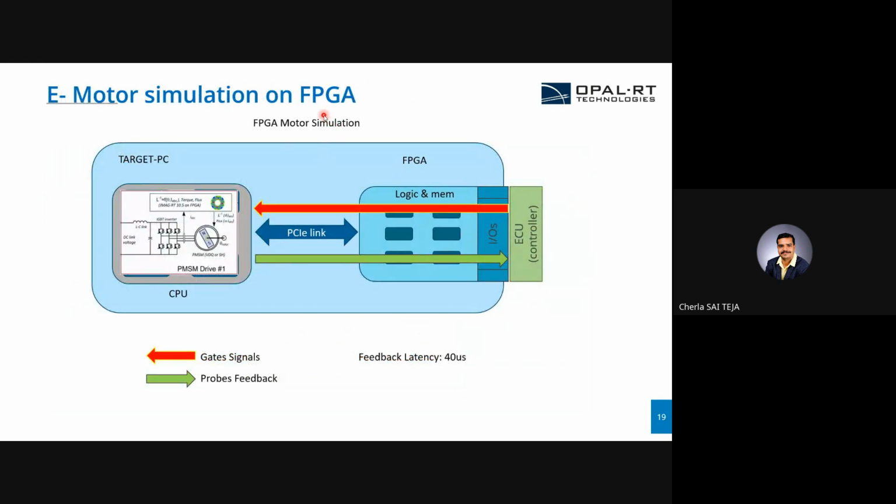Why do we have to go this way? You can understand it by this. Let us say I have my powertrain running on a CPU. As I told, all the data will be sent via IOs.